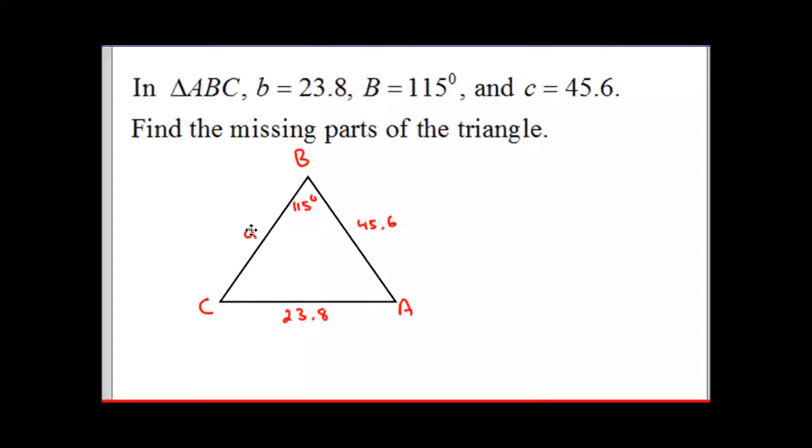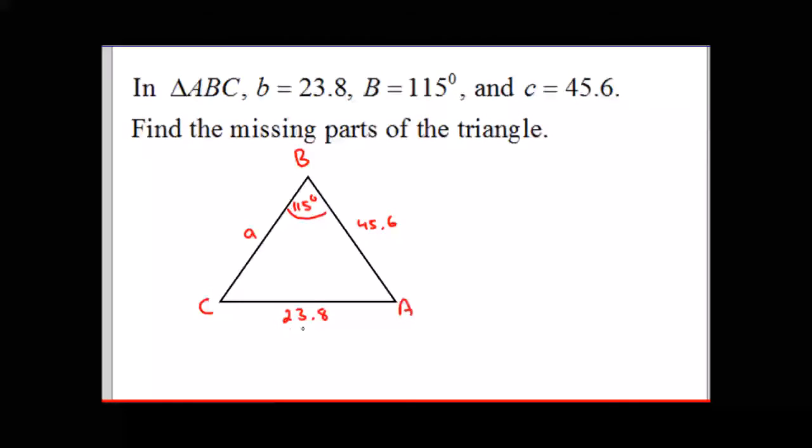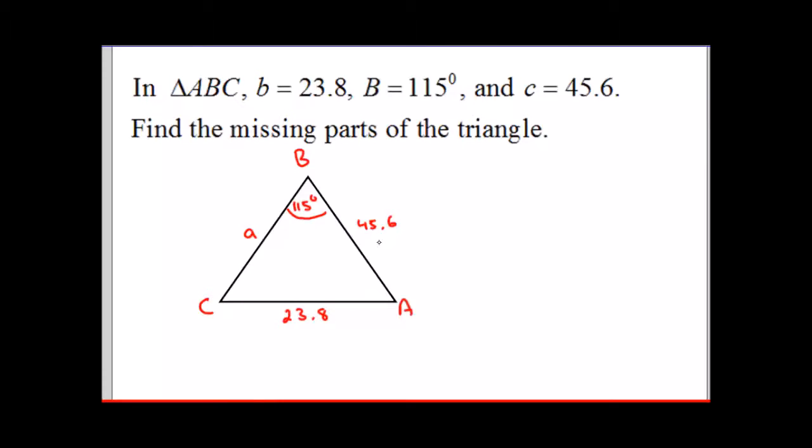As soon as I look at this, I know there's a problem, because 115 is clearly going to be the biggest angle. These two angles together have to add to 65, because all three angles have to add to 180. So the side opposite B should be the biggest side, but 23.8 isn't bigger than 45.6. So I know there's something rotten in Denmark.